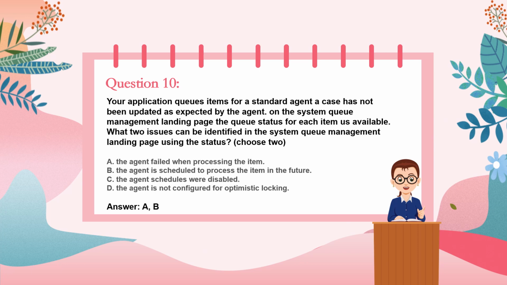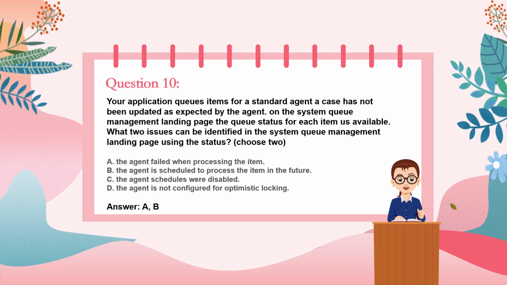Question 10. Your application queues items for a standard agent. A case has not been updated as expected by the agent. On the System Queue Management landing page, the queue status for each item is available. What 2 issues can be identified in the System Queue Management landing page using the status?